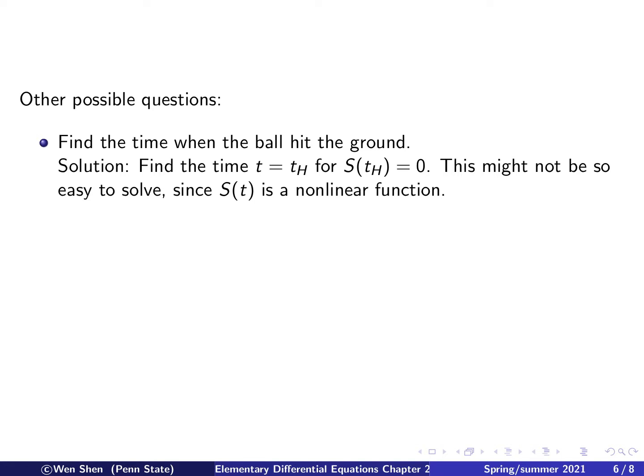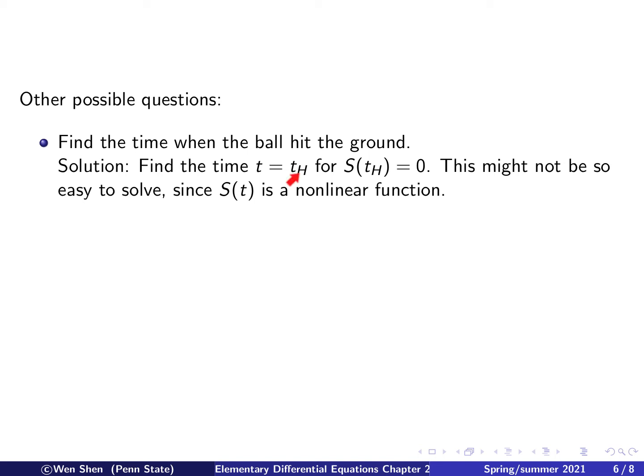Okay, so for this problem, one could ask other possible questions. So let's discuss some. First, you could ask, find the time when the ball hits the ground. To answer that question, we can go to the function s, because that's the position of the ball.